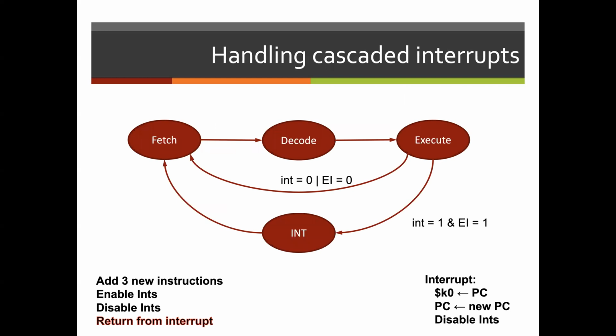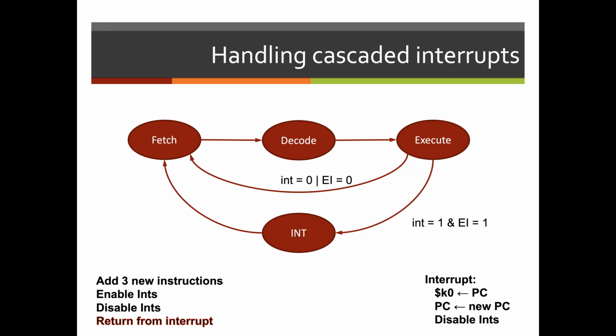And so now we can further update our finite state machine to incorporate these three new instructions that we have here. So we have our EI, we have DI to enable and disable our interrupt. And then we have our RATI instruction that will allow us to return from interrupts.